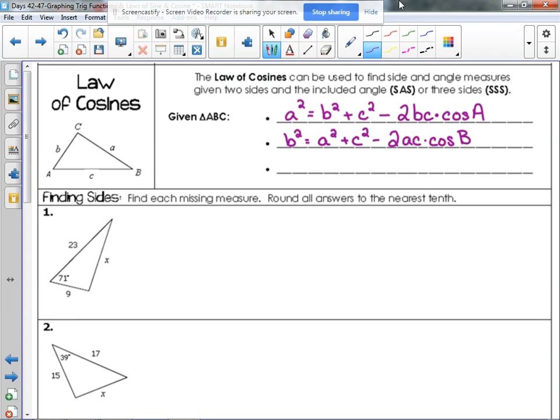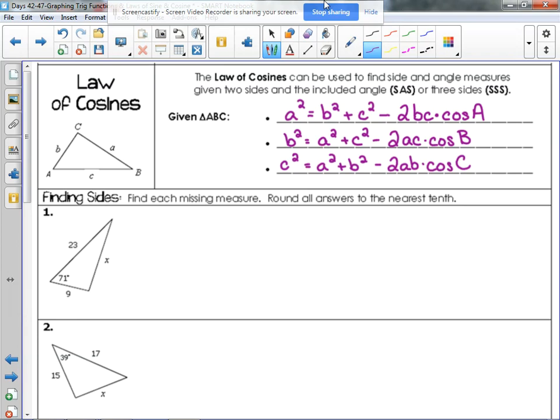So it could also be b squared is equal to a squared plus c squared minus 2ac times the cosine of b, and it can also be c squared is equal to a squared plus b squared minus 2ab times the cosine of c. So again, if you just remember it as it starts like the Pythagorean theorem, and then I subtract 2 times the two legs that are on that side of the equal sign times the cosine of the angle that's on the other side, that's how it's formed every time.